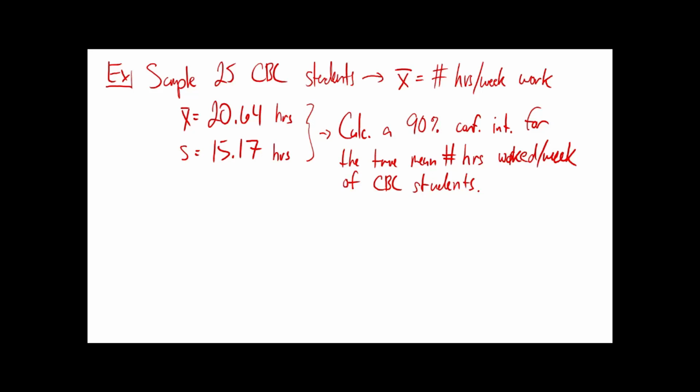There's a good chance the truth of the population is a little higher or lower. The first thing we need to do is get that t-value. Given the confidence level I picked, what's our alpha level?